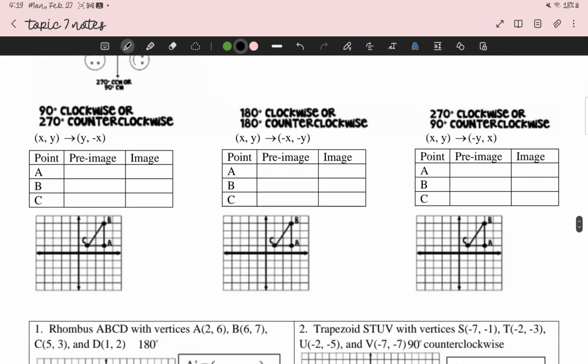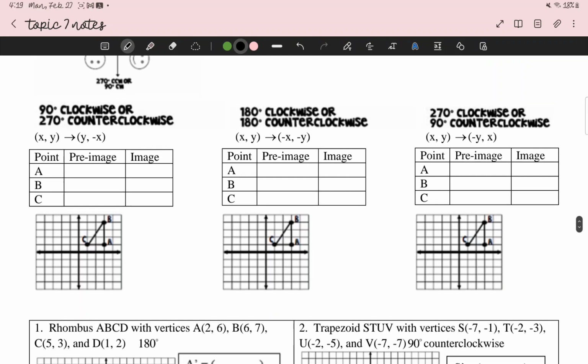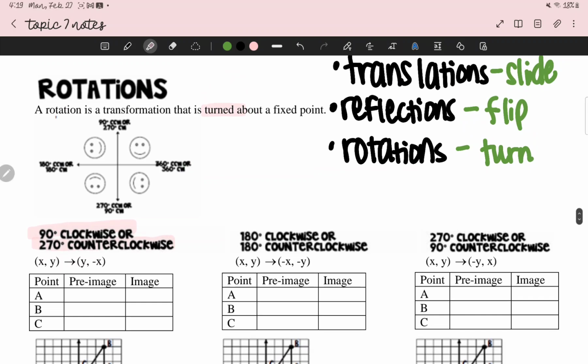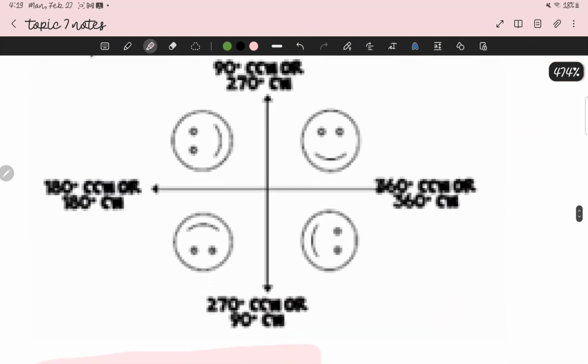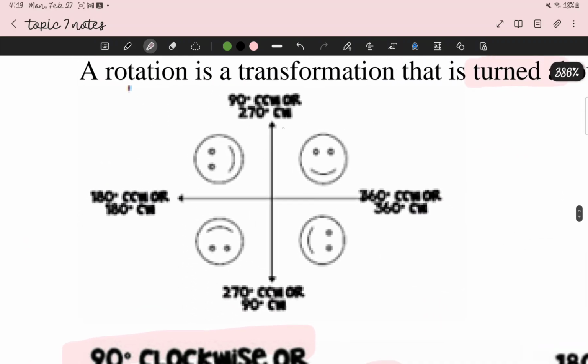All right, so we have three rules for rotations, where you're either going to have a 90-degree clockwise or 270-degree counterclockwise. Those are going to be equivalent to each other, and you can look here where 90 degrees counterclockwise or 270 is always going to be there.